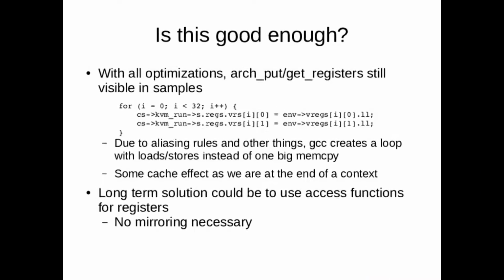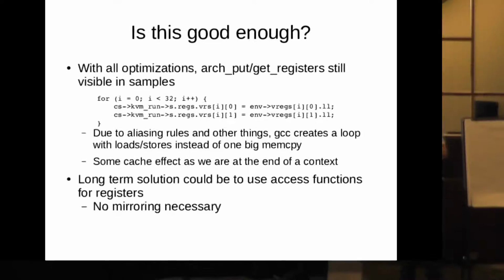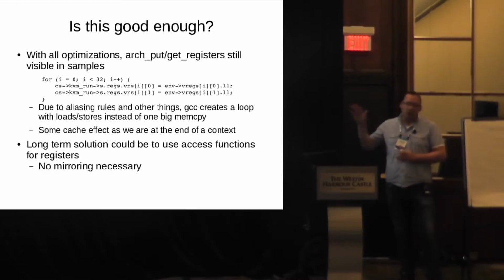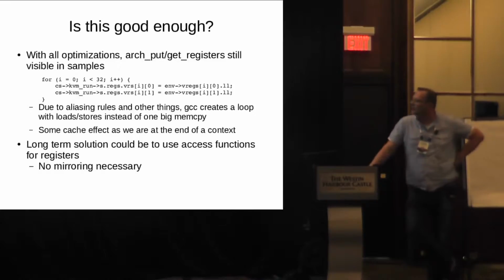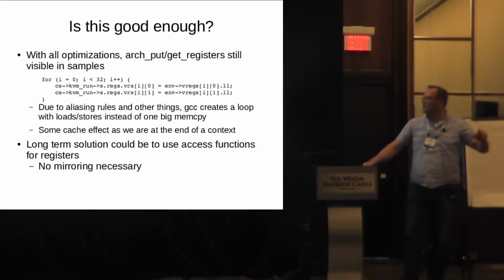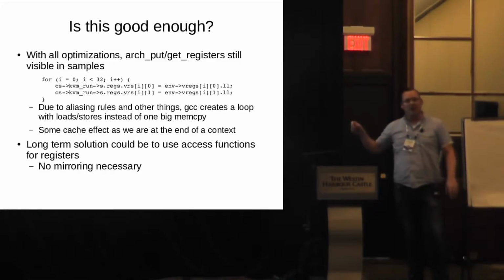Is this good enough? Interesting thing is with all these optimizations, I can still see the put or get register function in the profile. Very low, but I can see it. And in that case, we have 32 vector registers, and due to the architecture, parts of the vector registers are merged with the floating point registers, so we have to copy them in 64-bit chunks.